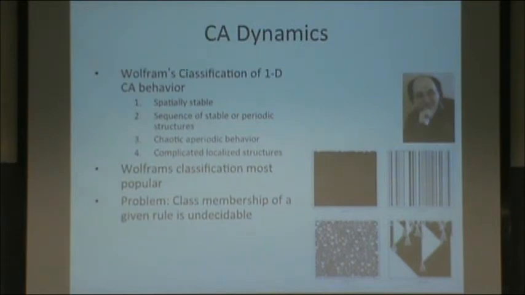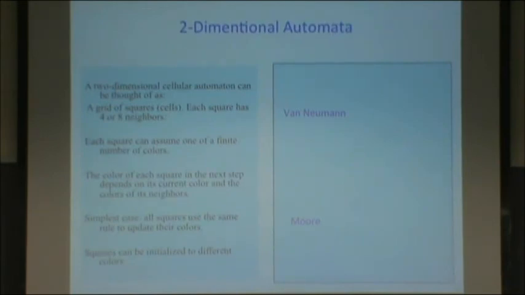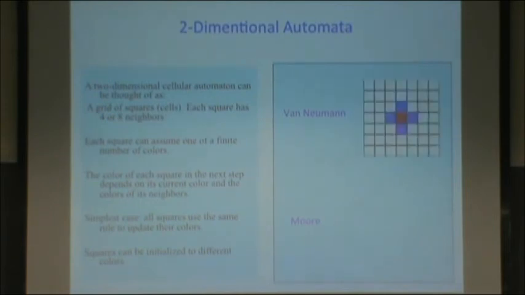So that's what I wanted to say about one-dimensional cellular automata. Let's move to 2 dimensions. In 2 dimensions, really everything remains the same, except that you have a 2-dimensional grid. You can have multiple colors, but we'll stick to 2 colors again. And most of the time, instead of trying to somehow wrap it around, we assume that it's just an infinite plane. There are 2 ways to define a neighborhood.